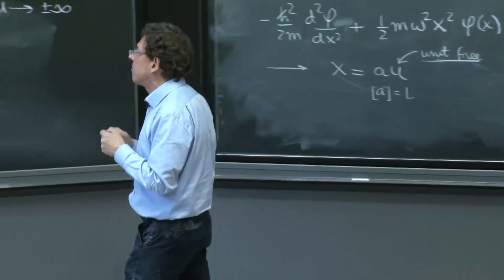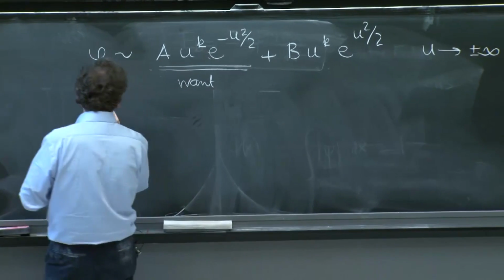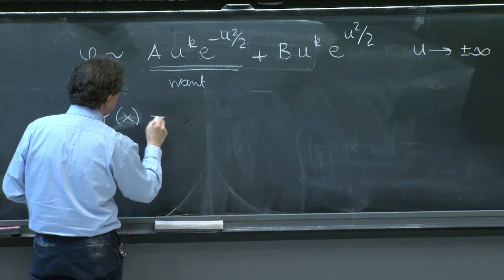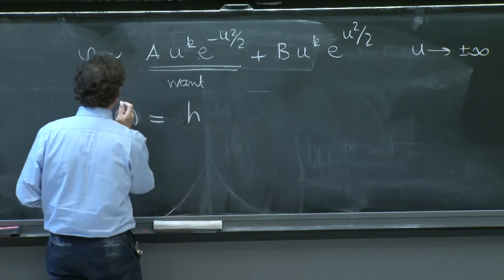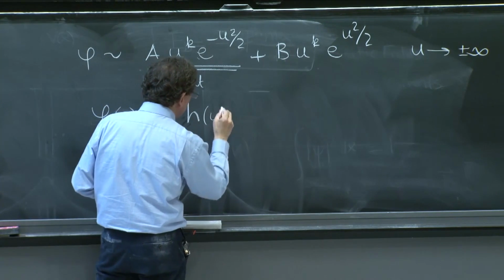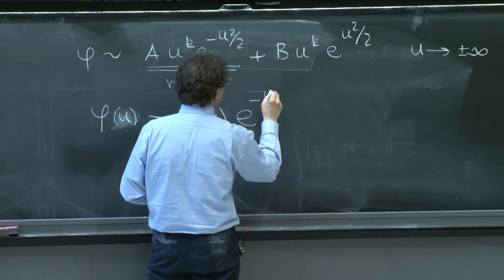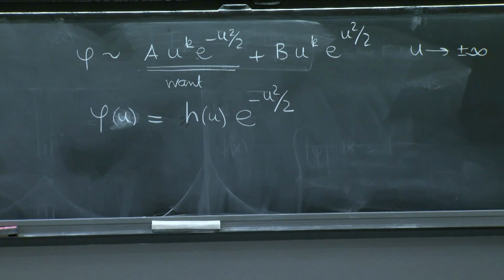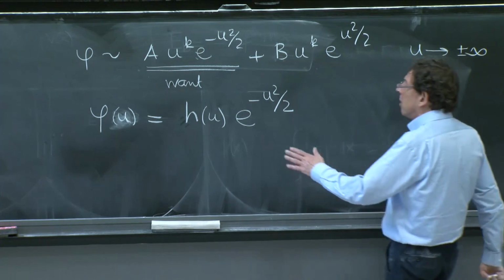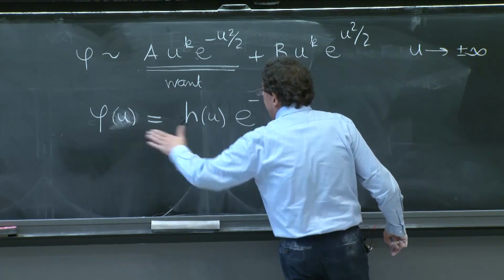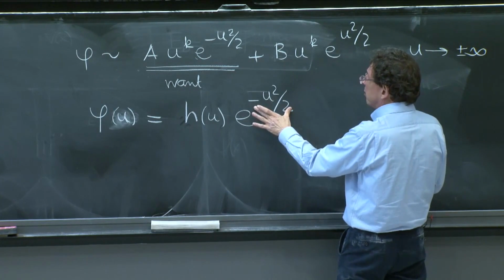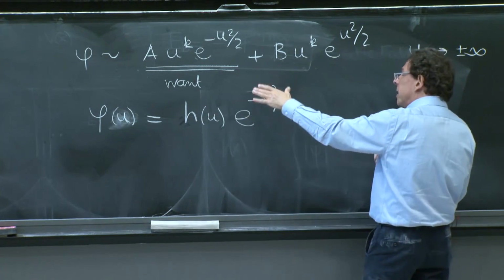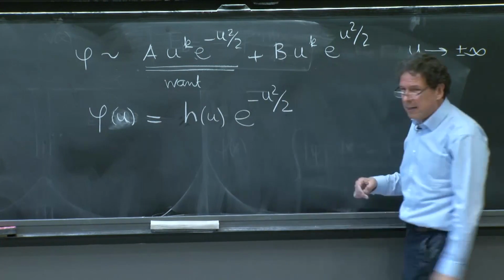Now, without any loss of generality, I will write phi of x, not of x anymore, u, is going to be h of u times e to the minus u squared over 2. So it's an ansatz, but it's without any loss of generality, because you can always write any function as another function times e to the minus u squared over 2, because you take the function, you multiply by e to the plus u squared over 2 and e to the minus u squared over 2, and it's written like that.